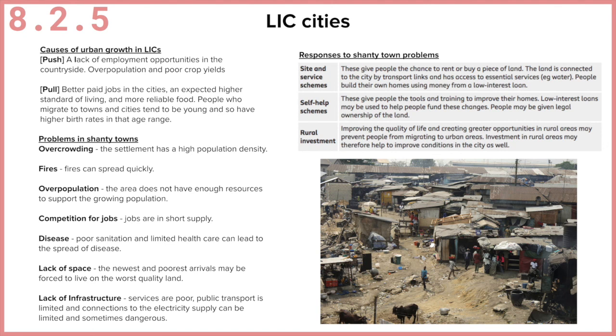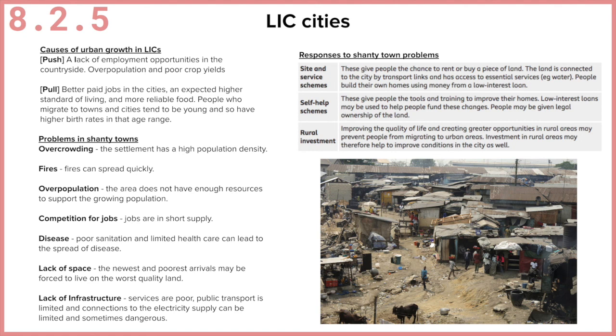There's this one called Site and Service, and what this does is, although the people at the minute in these shantytowns aren't paying rent, they don't own the land, the government's saying, well, we'll rent you, or you can buy this piece of land from us, and we'll connect it to the essential services like water and electricity and help you get into transport into the city. And in that way, they can start to build a legal home and start to improve it. And they've even started to give them low interest loans. Now, there are loans, they are expected to pay them back, but it's one way they've tried to help.